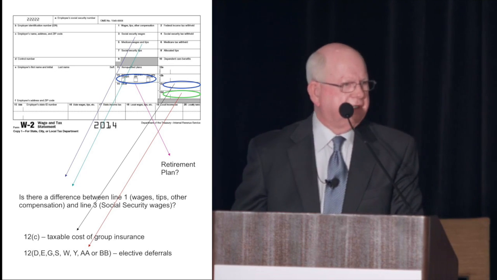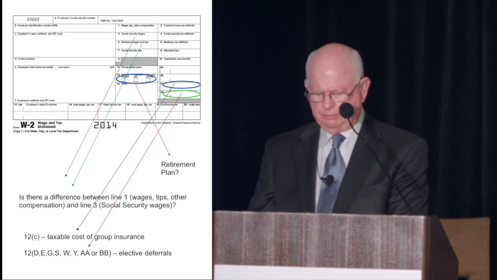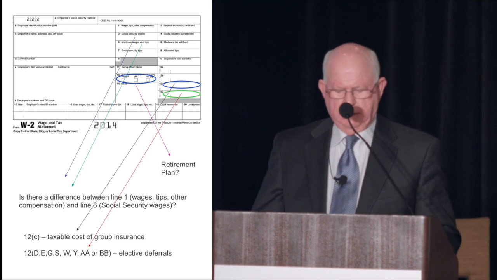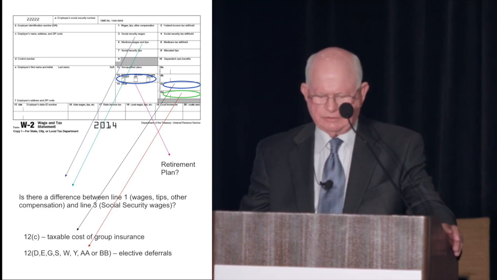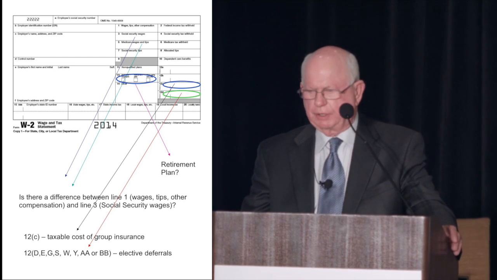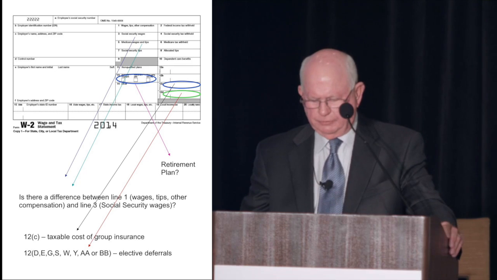Code G indicates elected deferrals being made to a 457 deferred compensation plan. Code S means a salary reduction contribution under a Section 408P simple plan. Code Y indicates elective deferrals under a Section 409A non-qualified deferred comp plan.